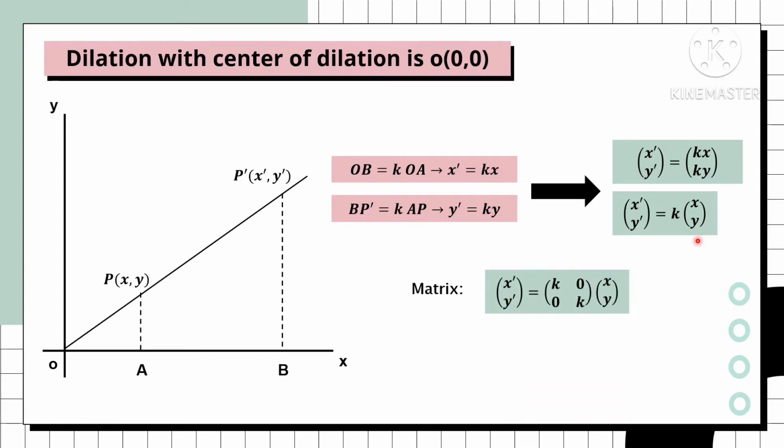In another form, in the form of a transformation matrix, we can write the matrix (x prime, y prime) equal to the matrix [k 0; 0 k] times the matrix (x, y).